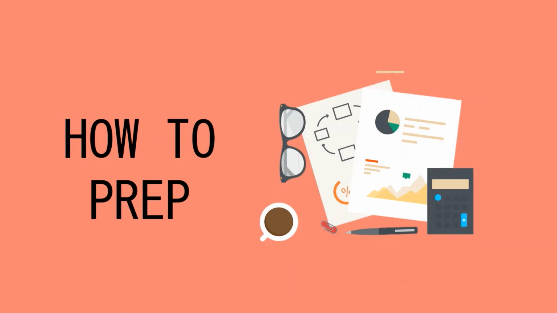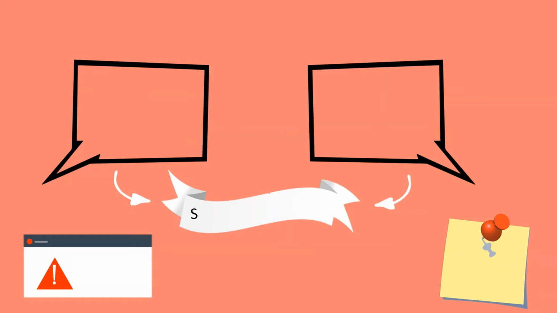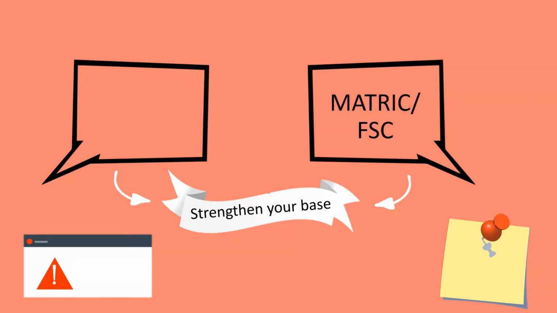Now, how does one prep for the Aga Khan entry test? My suggestion, like in all other videos, is first of all, strengthen your base. Whether you are from a metric/FSC background or an O/A level background, the first thing that you need to do is clear your concepts for that particular program. Once you are confident with your base, then move to the SAT-2.